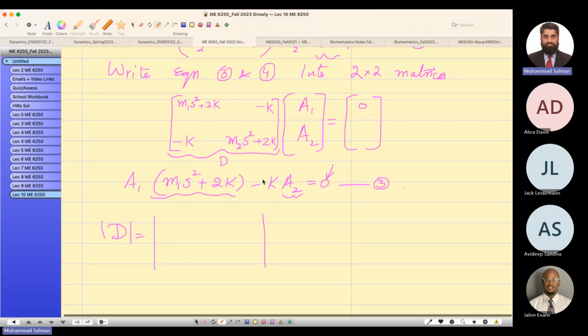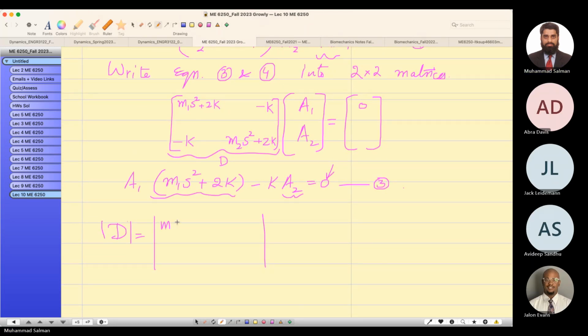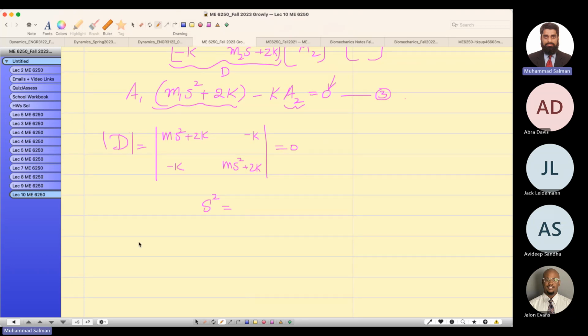So can I write down this determinant equal to 0? It will give me the roots. I want you to find out what is s squared, the roots of this determinant. So in the end, you will come up with the roots. So how will you find this out?